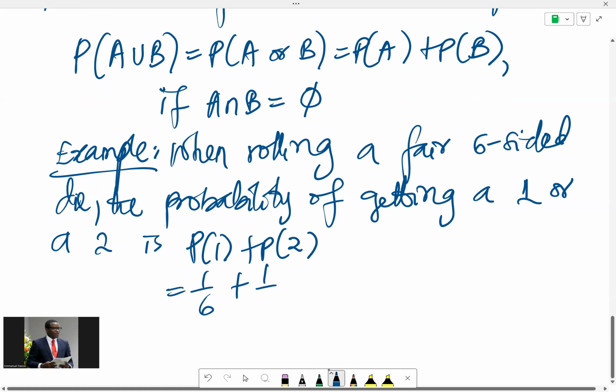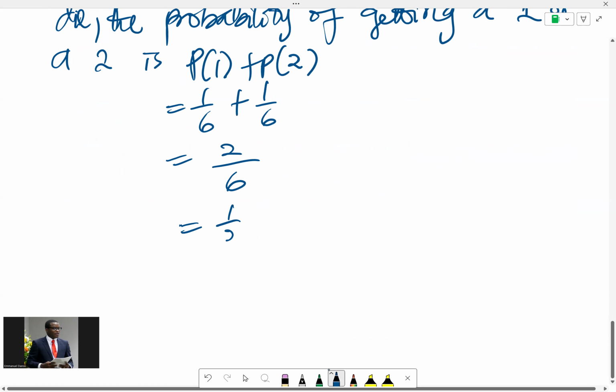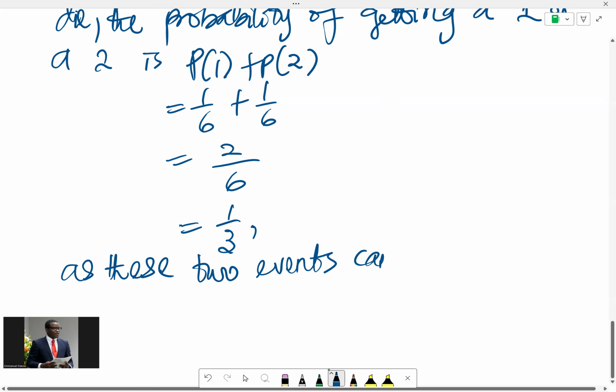And the probability of getting a 2 is also 1/6, meaning that you have 2/6 altogether, which is equal to 1/3. Of course, this is happening because these two events, one occurring or two occurring, cannot occur simultaneously.